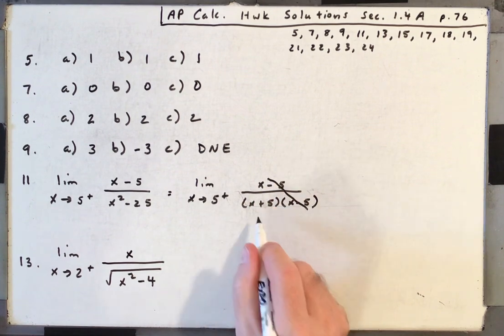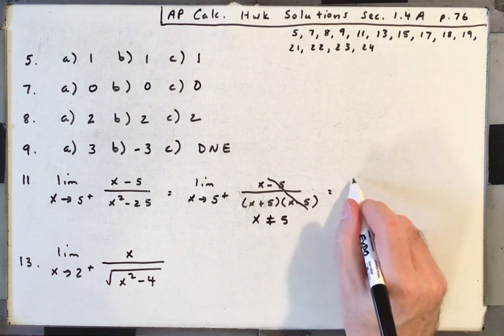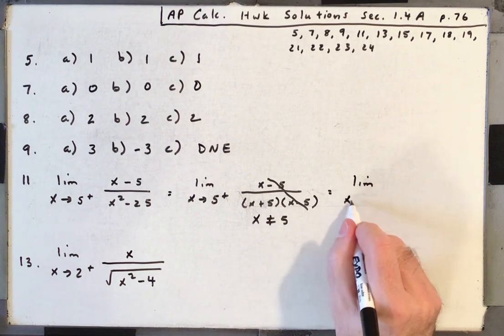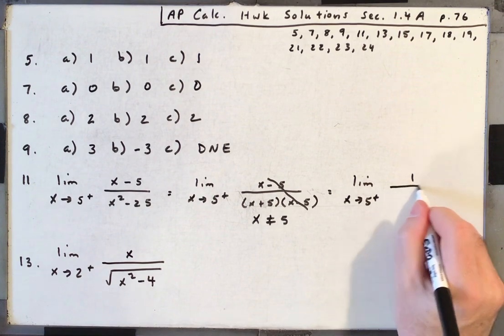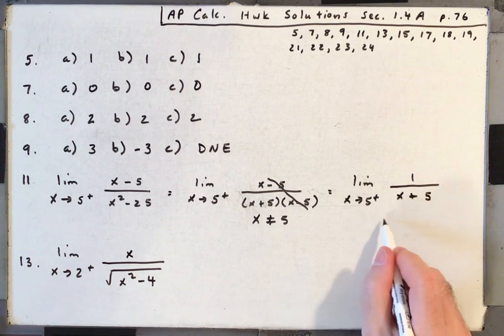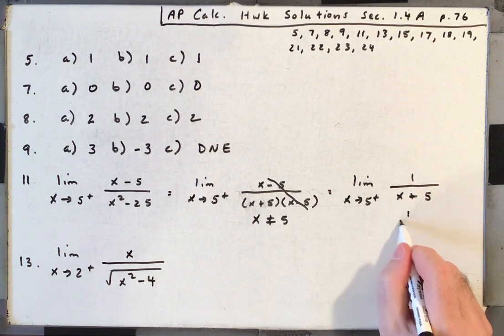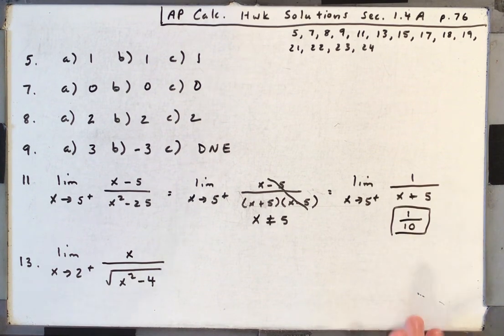The x minus 5s will cancel as long as x does not equal 5. So that's going to be the limit as x approaches 5 from the right of 1 over x plus 5. So now we can plug the 5 in, and the answer would be 1/10. All right, easy peasy.